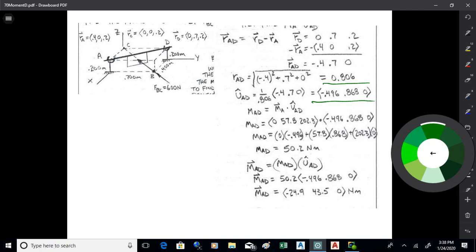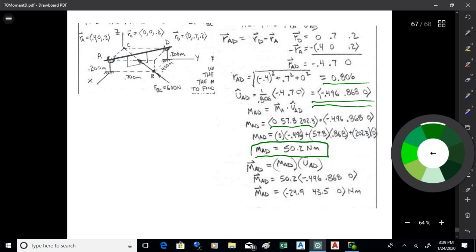And then we dot it with our moment vector, and we get 50.2 Newton meters. So what I'm doing for that dot product is I'm taking the moment vector, the 0, 57.8, 202.3, and dotting it with the unit vector that goes from A to D, negative 0.496, 0.868, and 0. So to do the dot, I multiply the like components together: 0 times negative 0.496, 57.8 times 0.868, and 202.3 times 0.